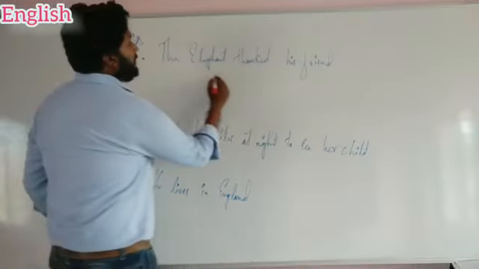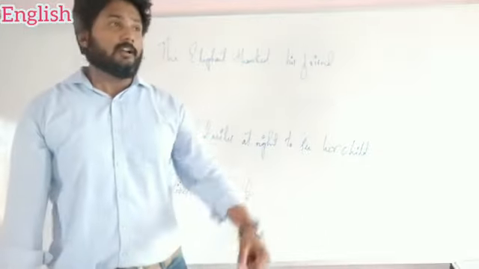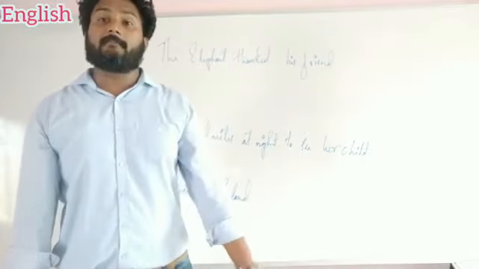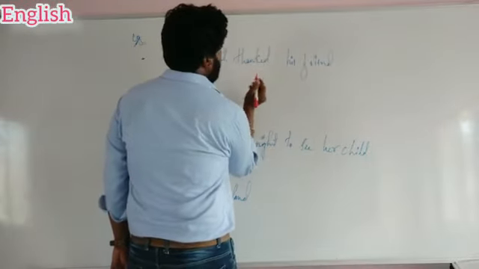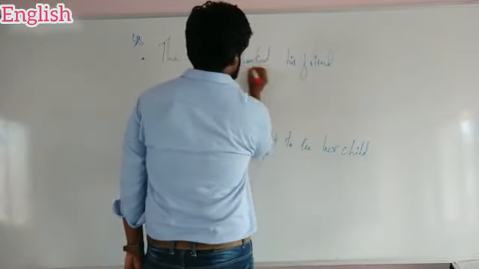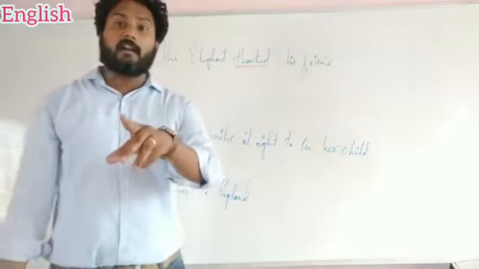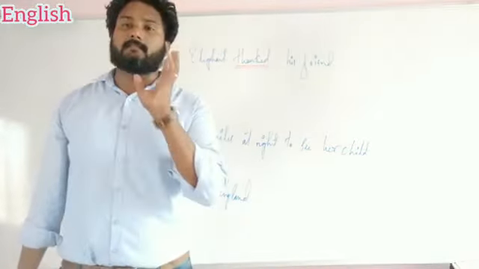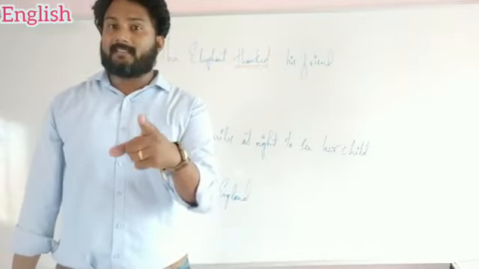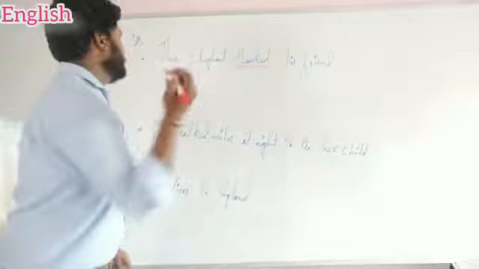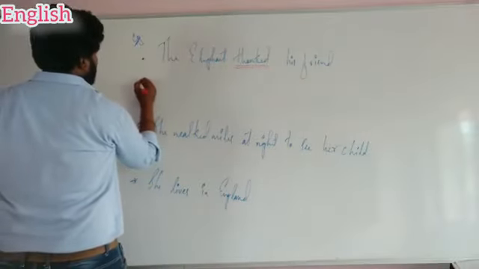The simplest way to find the tense is to go through the verb form. Here it is: the elephant thanked his friend. Thanked means it is simple past. If there is a simple past, we should use the auxiliary did. Yes. We start the example.